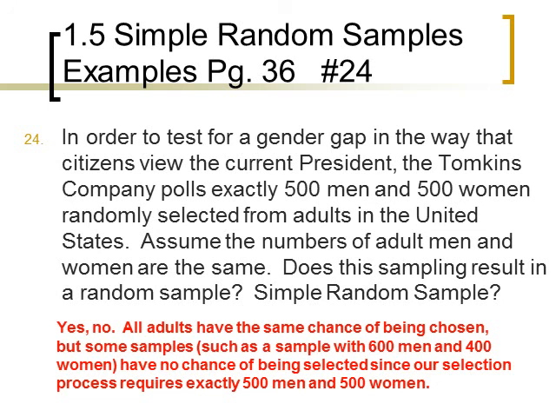However, because of this approach saying that we select exactly 500 men and exactly 500 women and that those numbers have to be the same, then what we're doing is we are not allowing ourselves to have any chance of 600 and 400 because they're saying that it has to be equal. So therefore it's not a simple random sample.